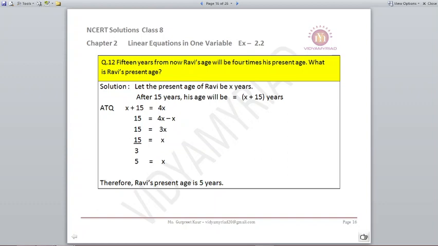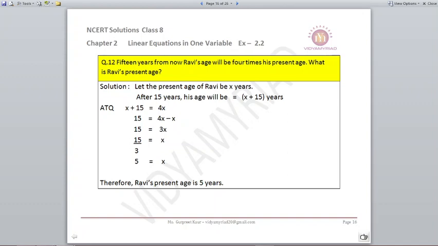Question number 12. 15 years from now, Ravi's age will be 4 times his present age. What is Ravi's present age? We don't know. So we will assume Ravi's age to be x years. After 15 years, what will happen? It will become x plus 15.